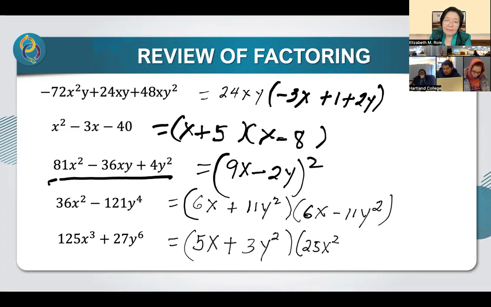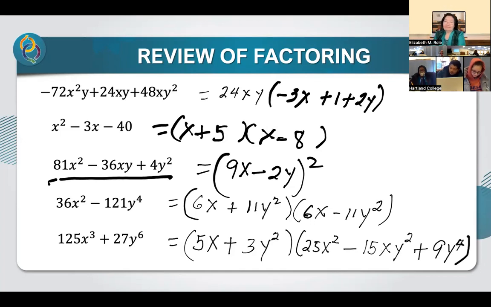If the middle term is a plus, this should be a minus. Then multiply 5x times 3y squared gives you 15xy squared. Then this one will always be a plus, the last term, square the second term.